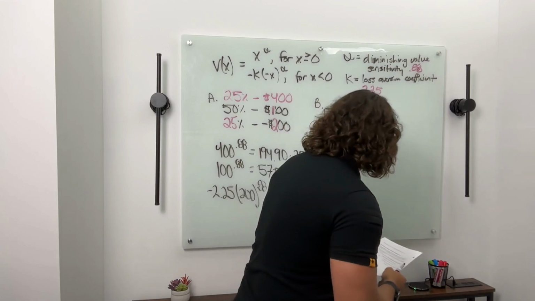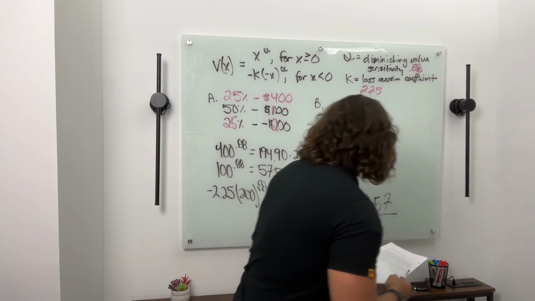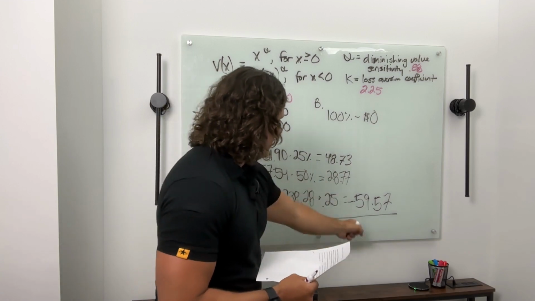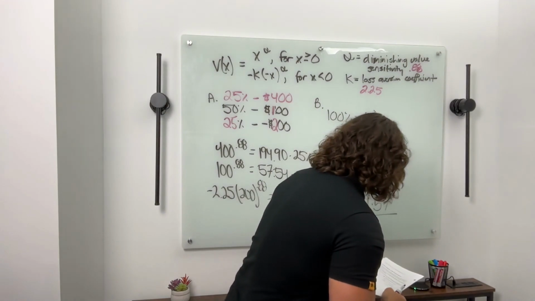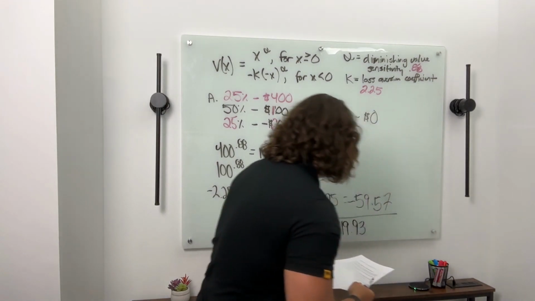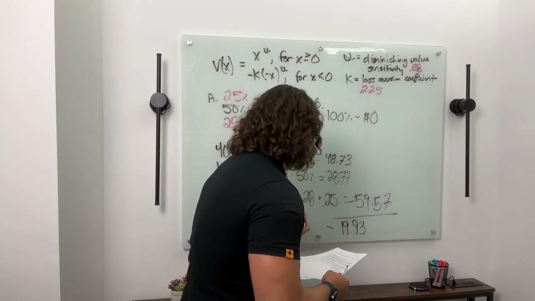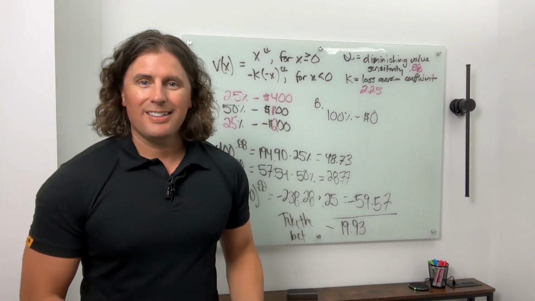And that's negative 59.57, almost there. Net these three numbers together, 48 plus 28 minus 57, and we get a net utility of 19.93. And let's take the bet, if we integrate our utility function.